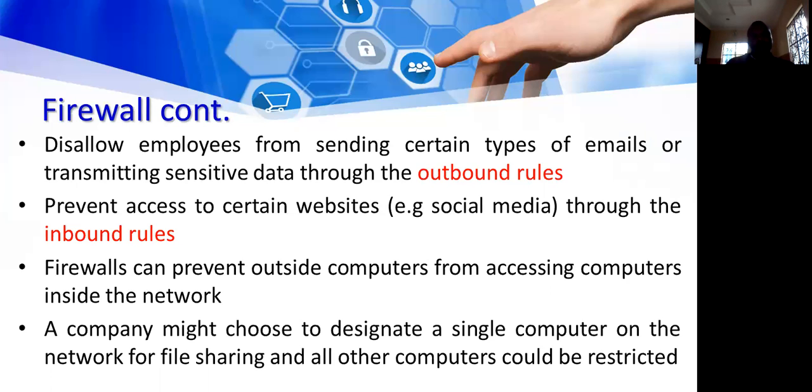Okay, so you could say that I want to disallow certain employees, or I want to disallow all employees from sending certain types of emails. Which means that you have to block them, okay, using the port that the email software uses to communicate on the network.